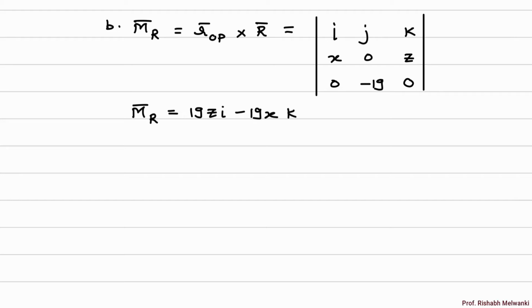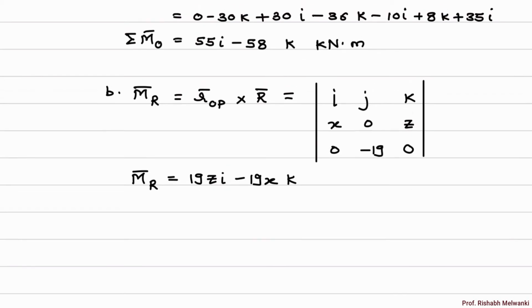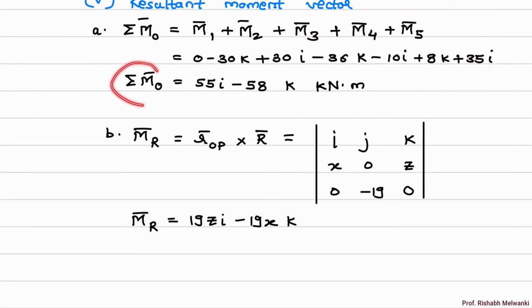Okay, now the moment of the resultant vector about point O. This is the vector. Now we can apply Varignon's theorem. We have to equate the summation of moment about point O to the moment of the resultant.